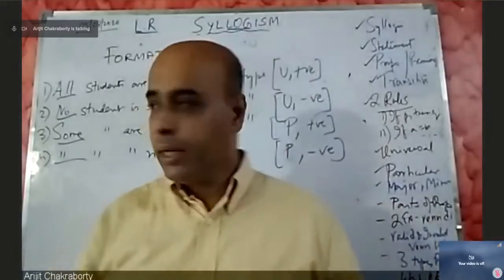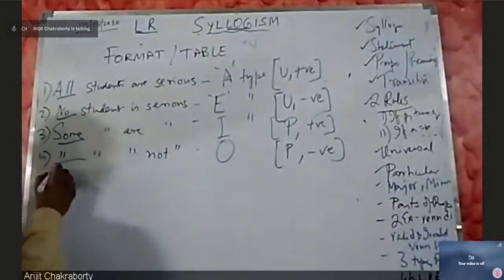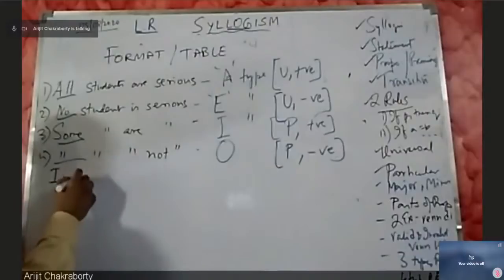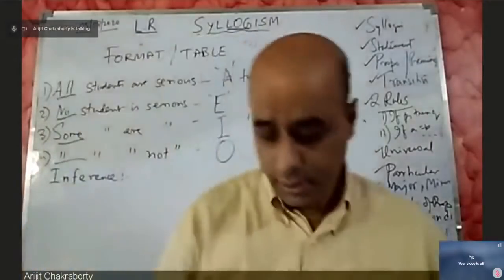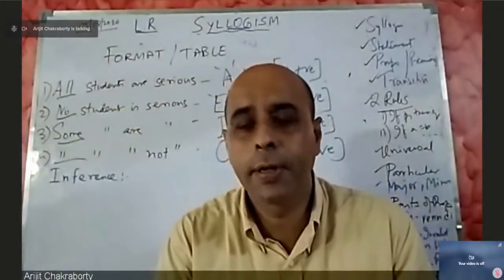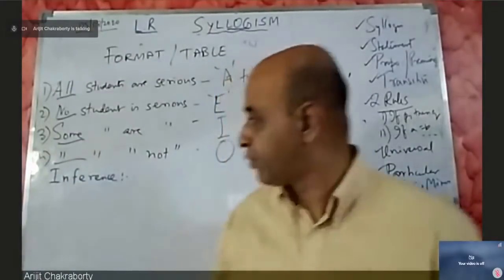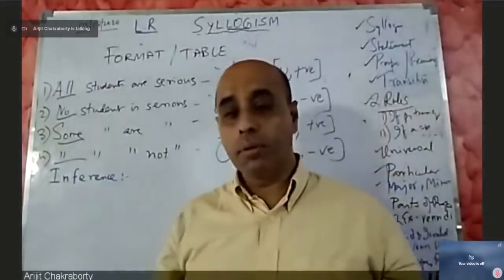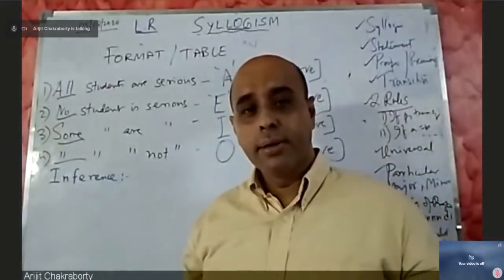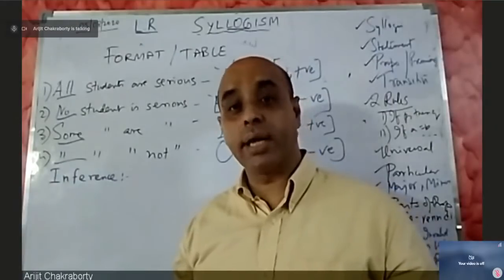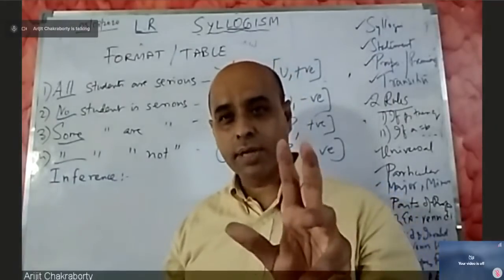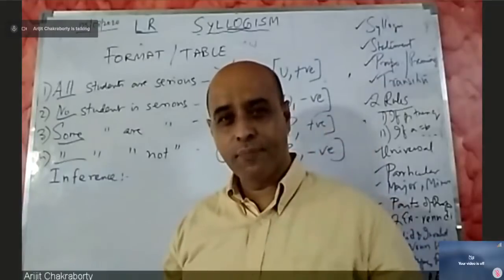Inference is what? Let me write here. Inference means conclusion. Have you seen this very famous TV show, one of the oldest in India, CID? ACP Pradyuman comes like this. Something is wrong.